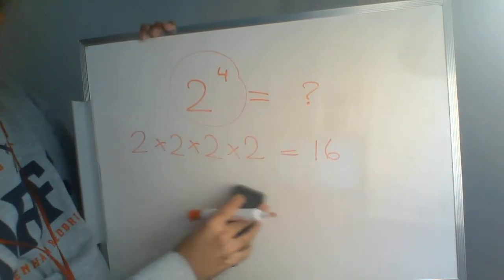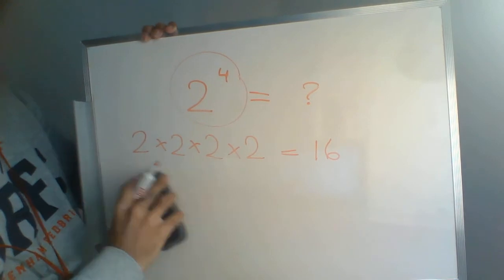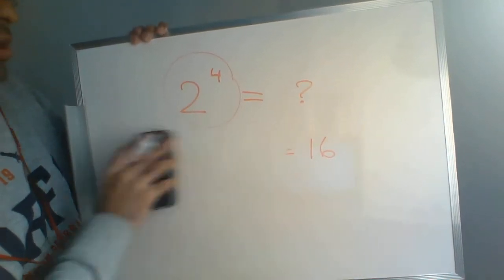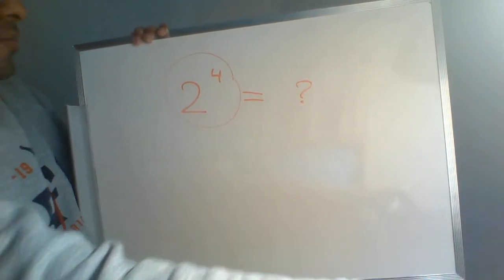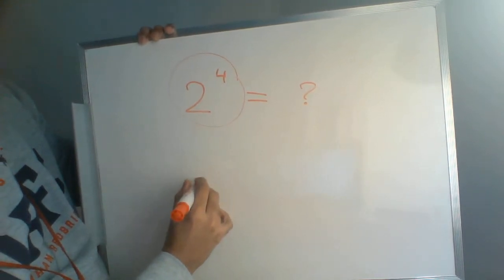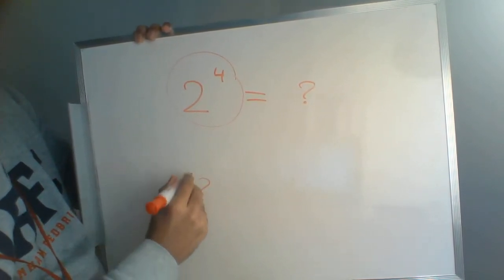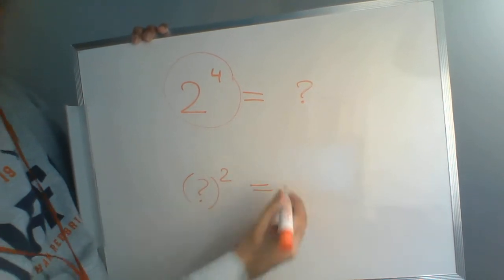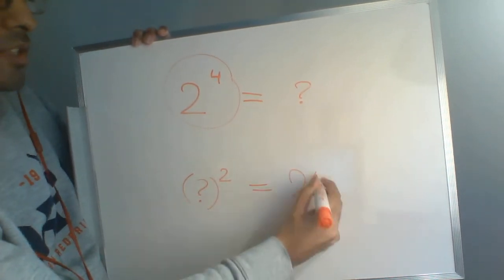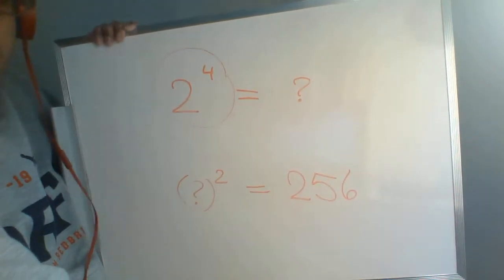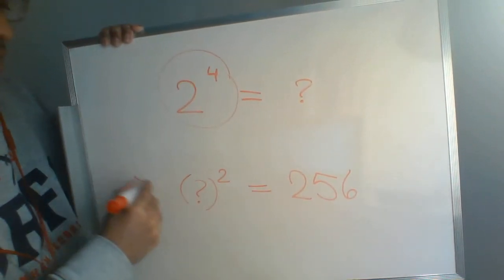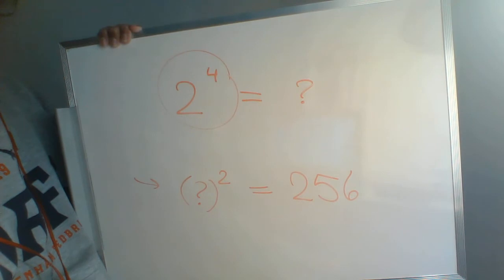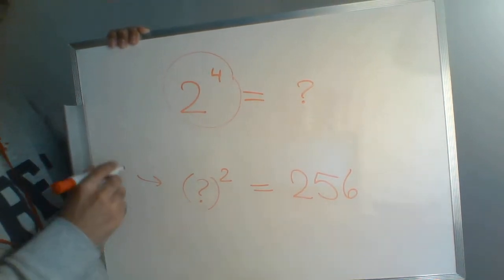And then if you think about it, what we were really doing in disguise when we were talking about square roots is if you had some number, I'll just put that as a question mark, some number squared is equal to 256. So if you had something like this, some number squared is equal to 256, what is that number?